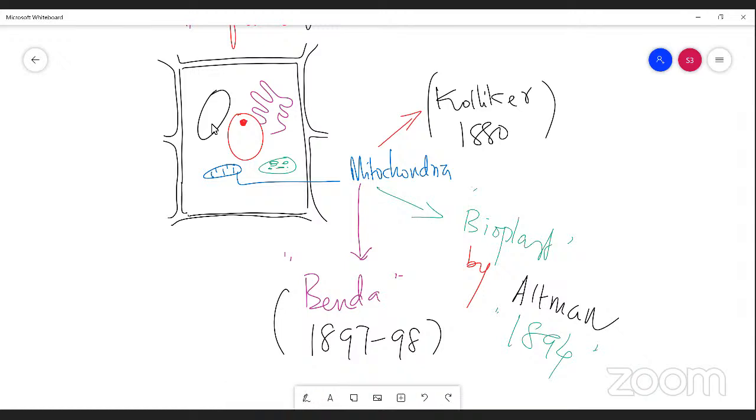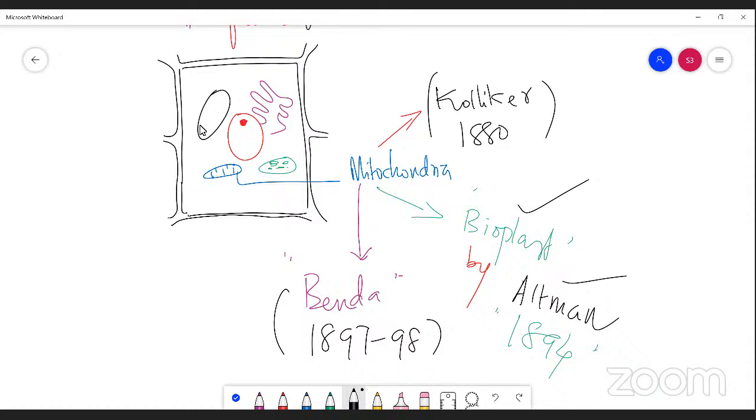Okay. Now let me take the structure, but before that I'd like to ask some questions. Dear students, did you understand? Yes, sir. Could you tell me the name of the scientist who coined bioblast instead of mitochondria? Altman. Very good. Will you mention the year? 1894. Okay.